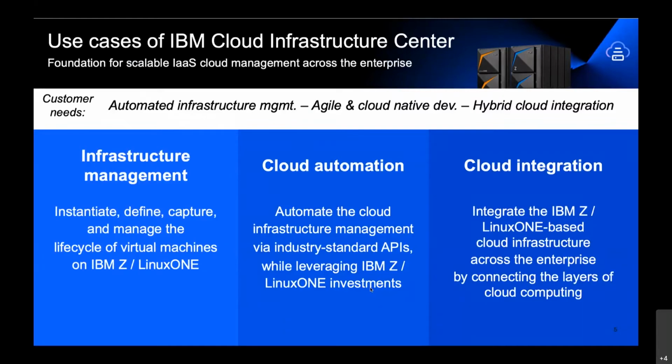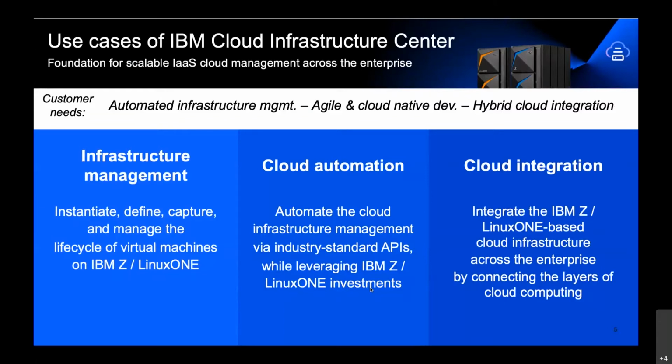Okay, use cases. There are 3 main use cases for Cloud Infrastructure Center: infrastructure management, cloud automation, and cloud integration. Infrastructure management is probably the most obvious use case. So you can use Cloud Infrastructure Center to provision virtual machines, guests.